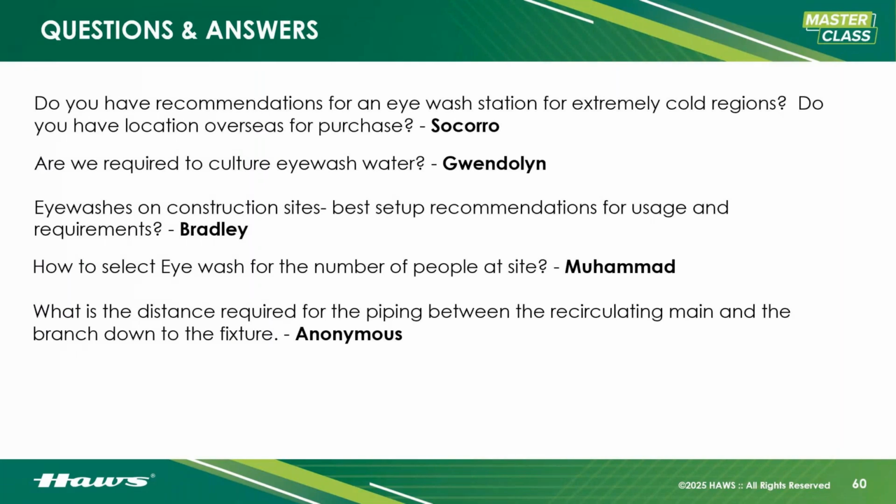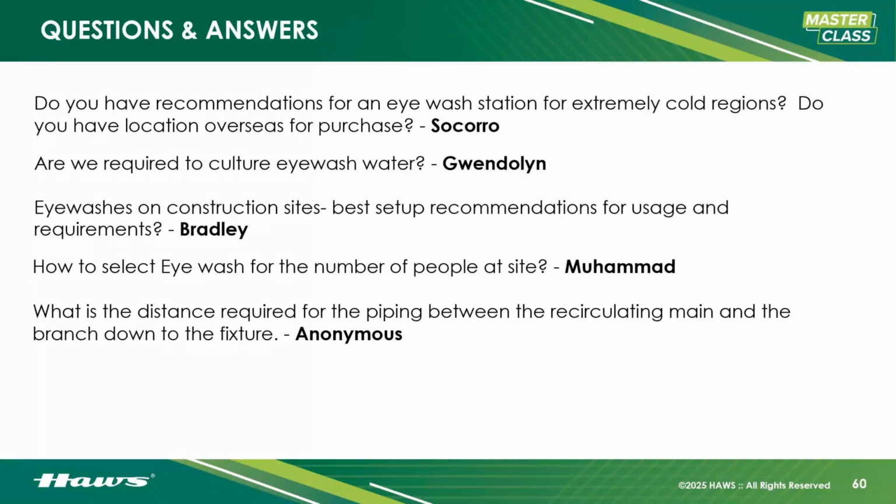But we want that dead leg as short as possible between the main line and our fixture, for a couple of reasons. One, some people erroneously think when they do have that recirculating main line, there's going to be zero growth, right? The water's moving. We don't have stagnant water sitting in place.